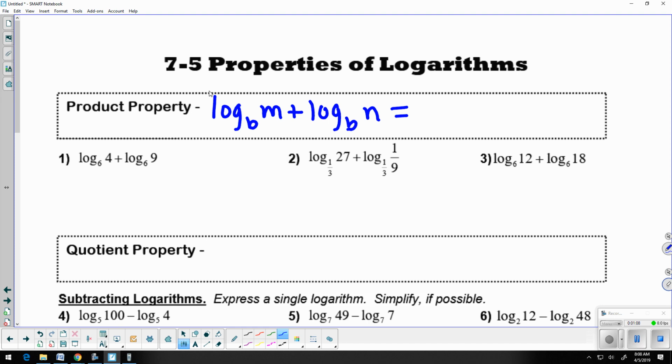You even see in these first three examples a plus sign separating the logs. If you're adding two logs, the key thing is the bases must be the same. In Algebra 2 you're not going to see any that are not the same; that's more advanced, maybe next year in pre-cal, where you'll see uncommon bases and have to do a little more work.